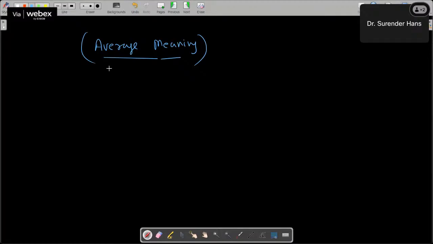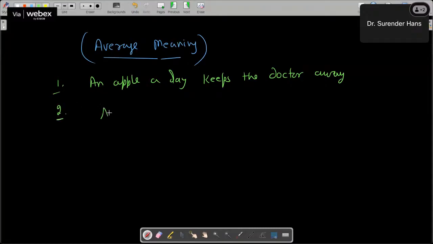Let me explain this through an example. Let's say the first sentence is: an apple a day keeps the doctor away. The second is: apple is healthy.